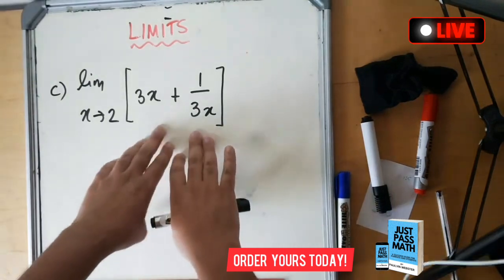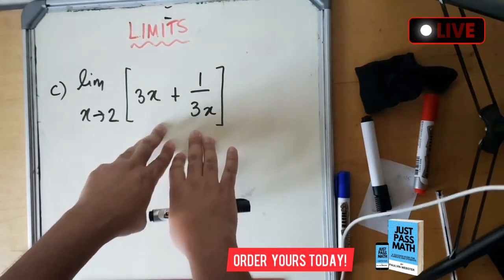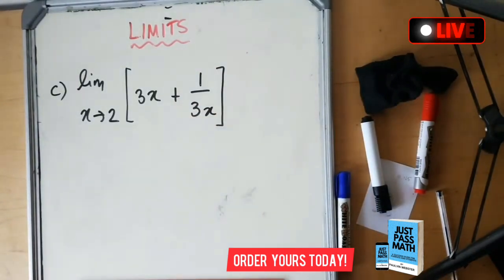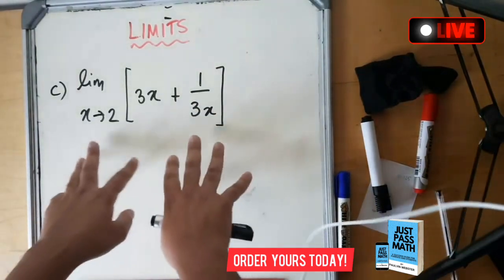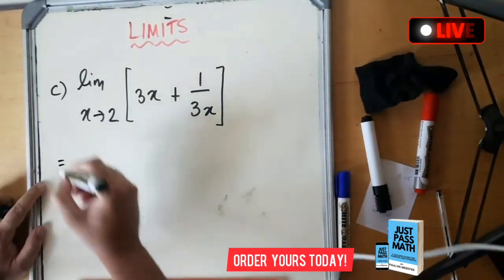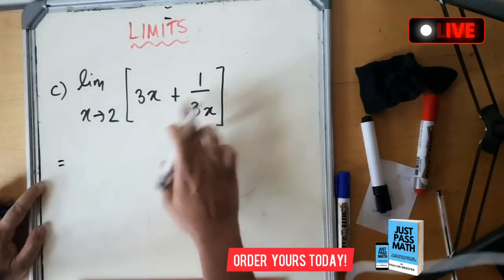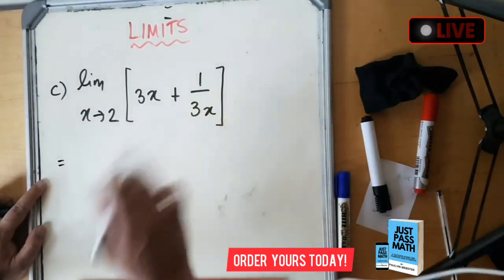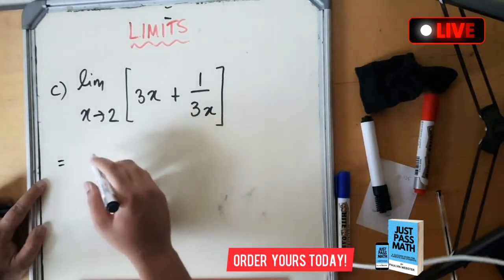First of all, if you want to, you can simplify this, but I think it's going to be useless. Also, this is from a textbook, not a question paper, so they don't give you the mark allocation. But let's see what happens if we substitute in. By the way, we're not going to get 0 here, so it's okay to just substitute 2 in there.